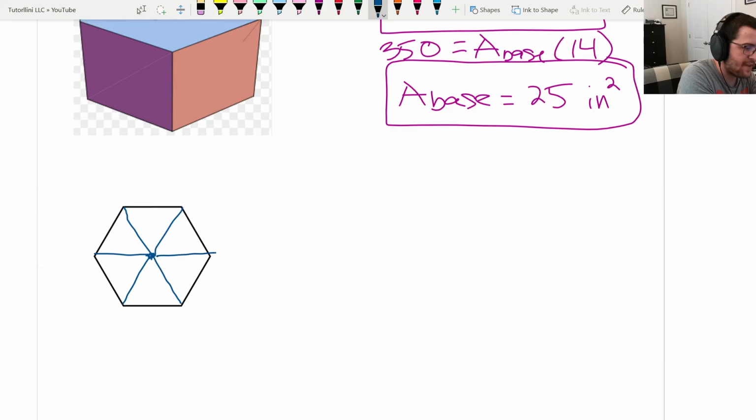And if you do the math on this, each angle will be 60 degrees, which means that all of these are equilateral triangles. So it gets broken up into 6 equilateral triangles. Let's pull out one of the triangles, and I'll draw it over here.